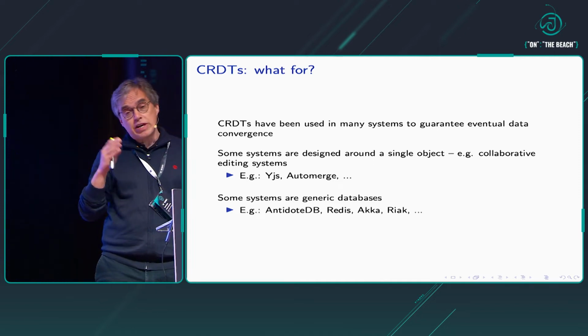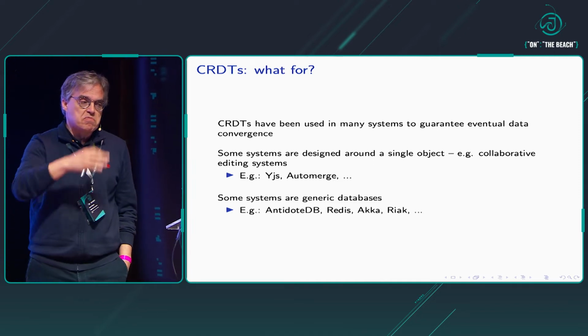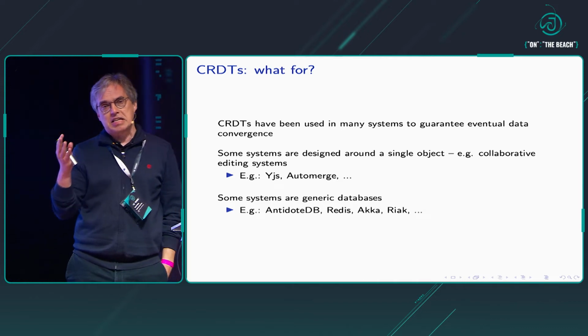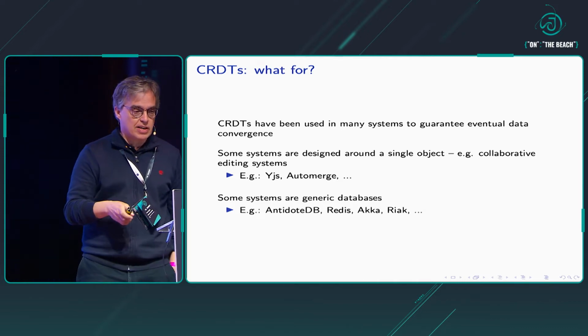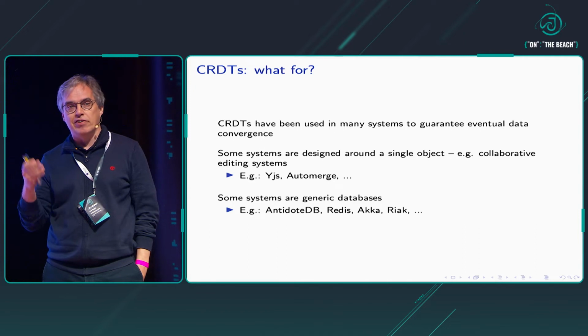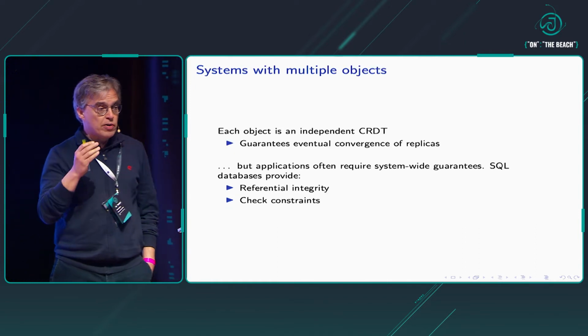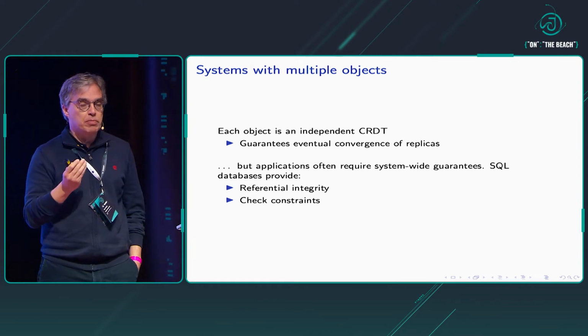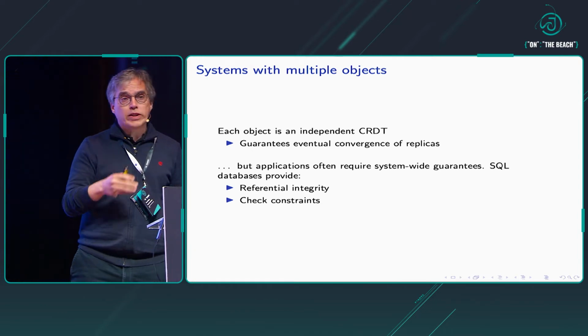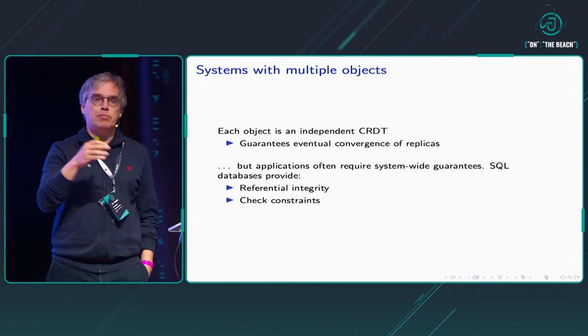Then we have other systems that we can basically define as generic databases. For example, Redis, Akka, Riak, or AntidoteDB, that is something that we have done. In these systems, where we have multiple objects, what happens is that we will have multiple CRDTs.